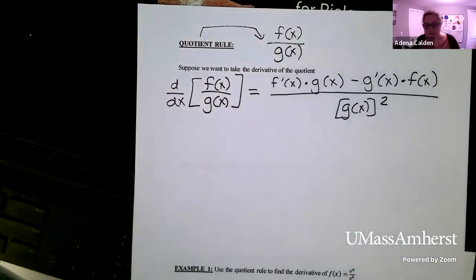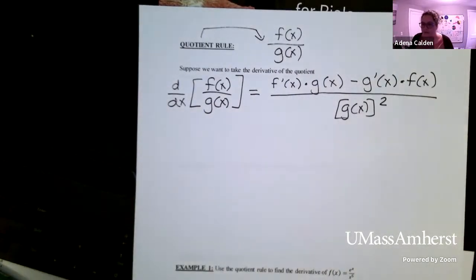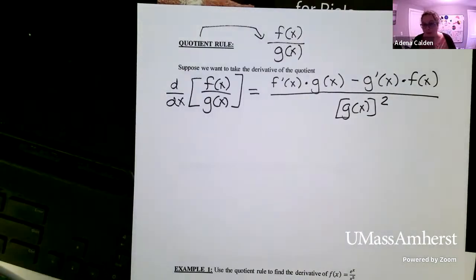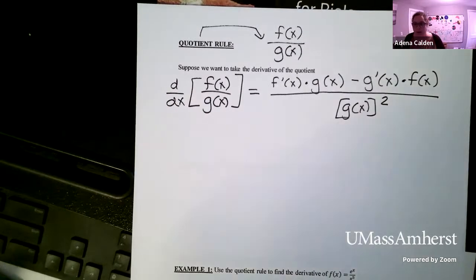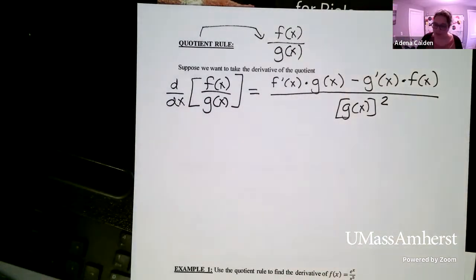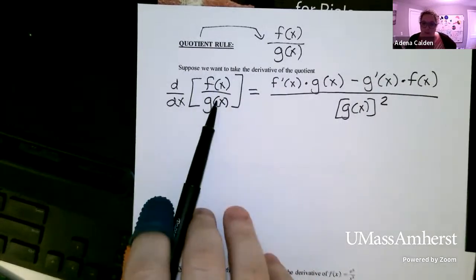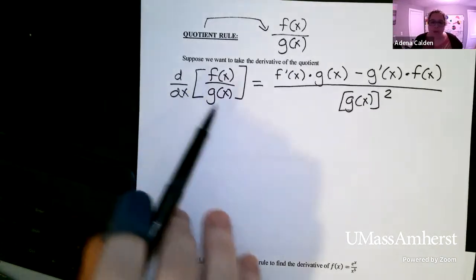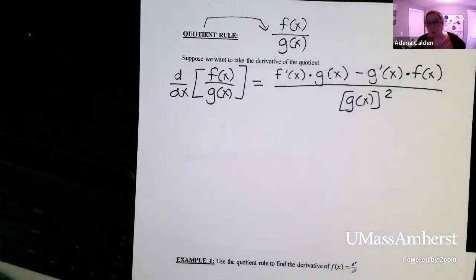Okay, so this formula is using subtraction and division. And with subtraction and division, we can't swap out what term comes first, right? So 4 minus 3 is not the same as 3 minus 4. That tells me that order is really important. So how does that get impacted here? When we look at a function that is a quotient, we are always going to pick the top function to be our f and the bottom function to be our g for my formula to work out.